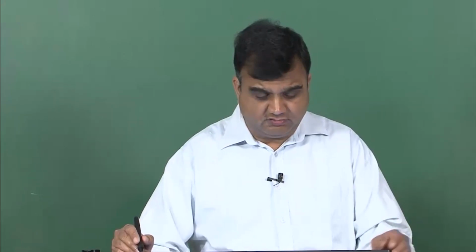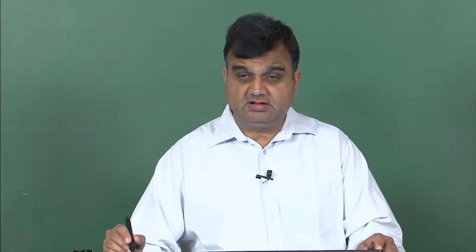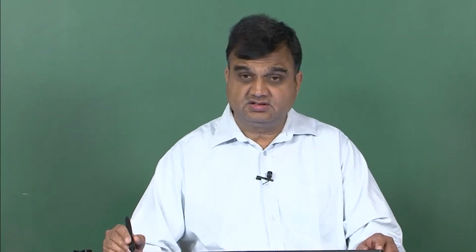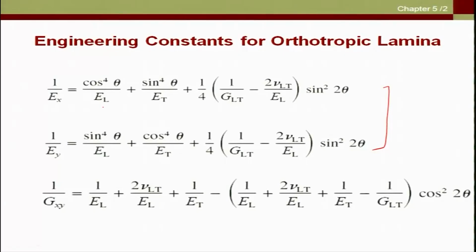So, Ex will be equal to EL. Similarly, when theta equals 90 degrees, then the x axis will be aligned to the transverse axis, which is the t axis, and in that case Ex will equal ET. These are two observations.